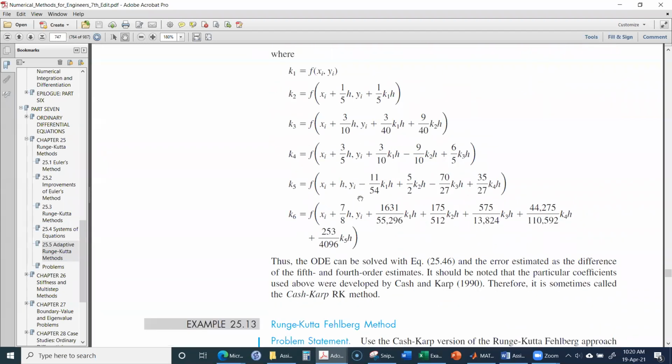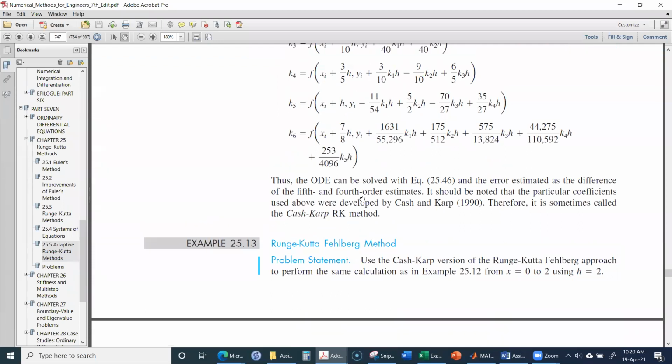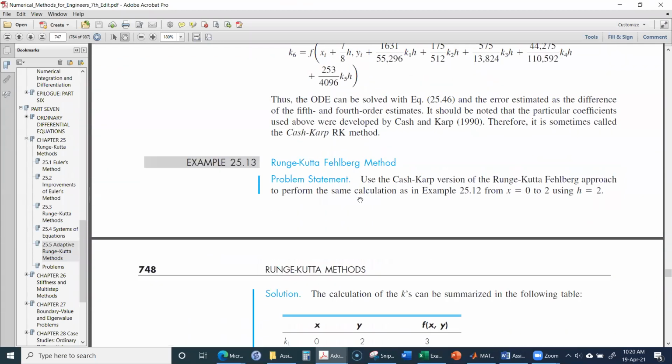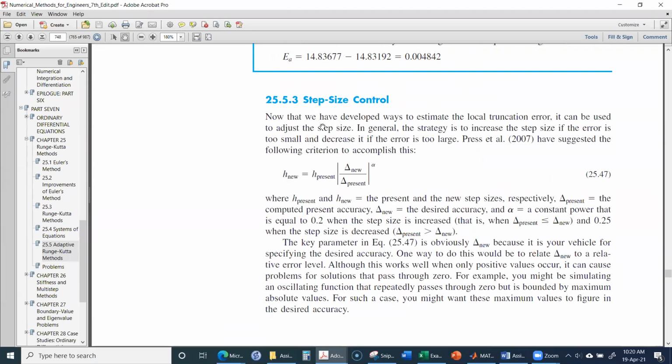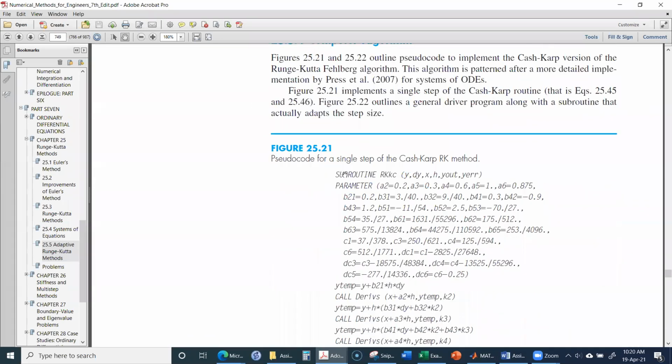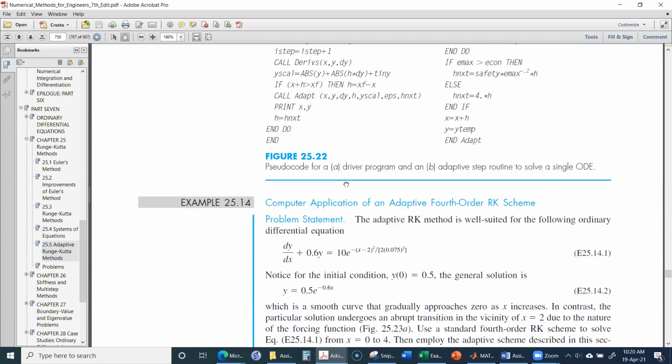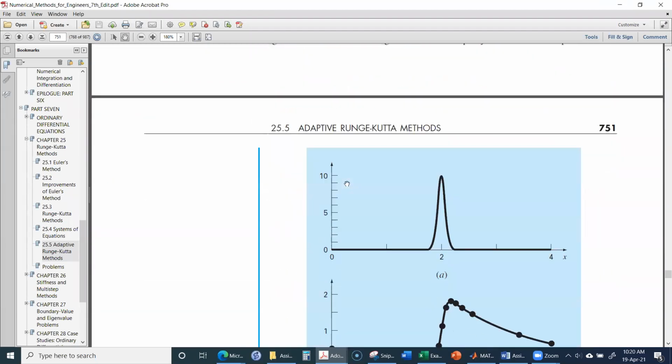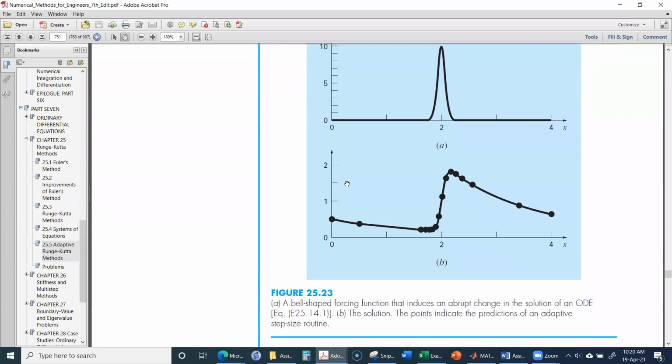This error estimate is found from these methods, and then we apply the step size control, and we use the computer algorithm to adaptively change the interval of the points.